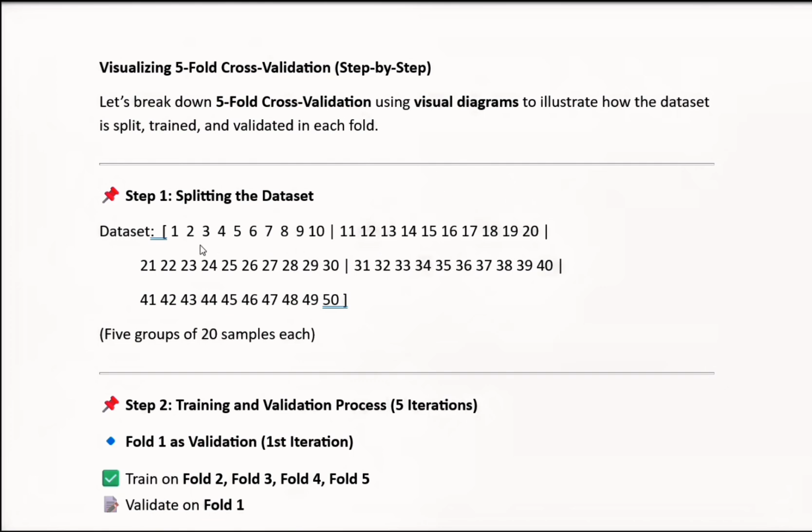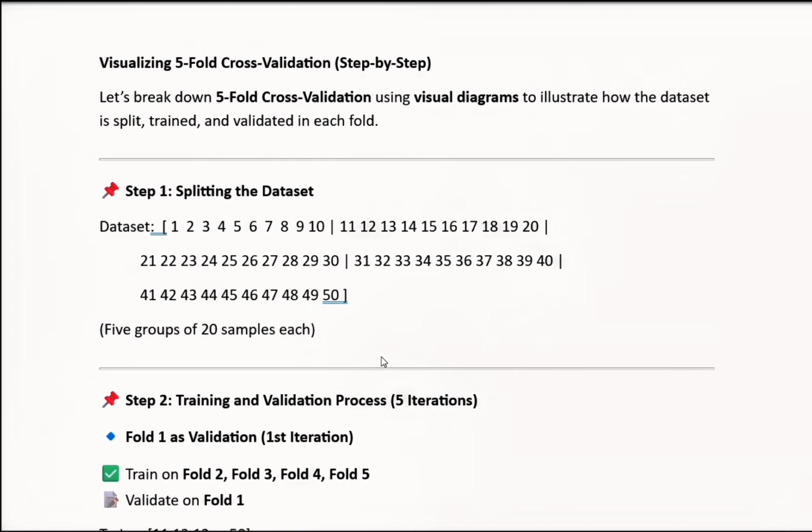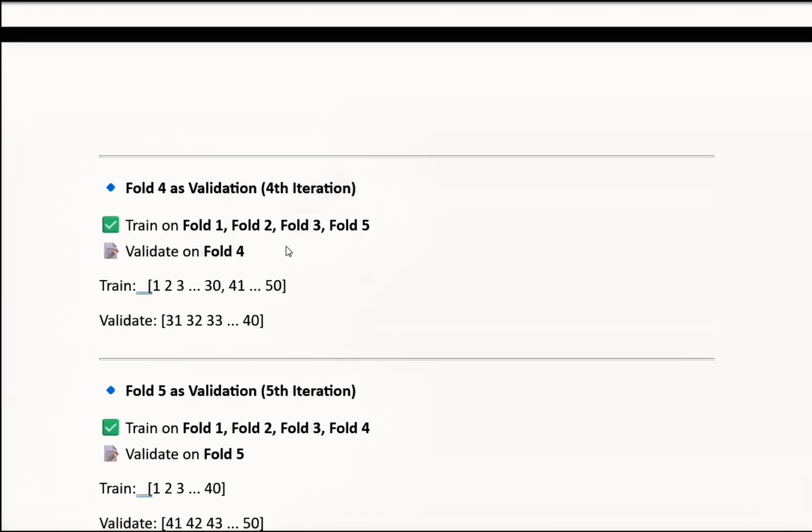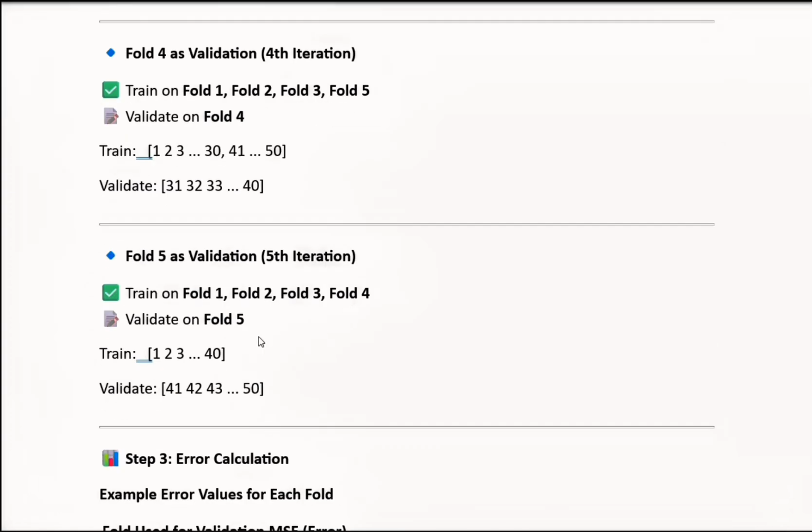Next iteration is validate on fold 3: train on fold 1, fold 2, fold 4, fold 5. For fold 4, train on fold 1, fold 2, fold 3, fold 5. For fold 5, train on fold 1, fold 2, fold 3, fold 4.